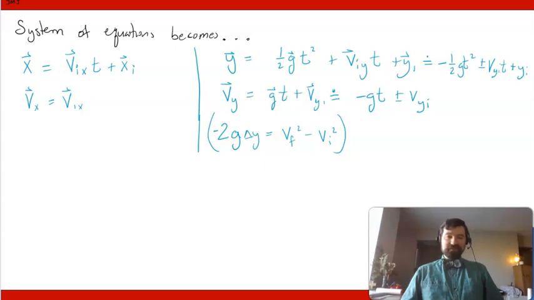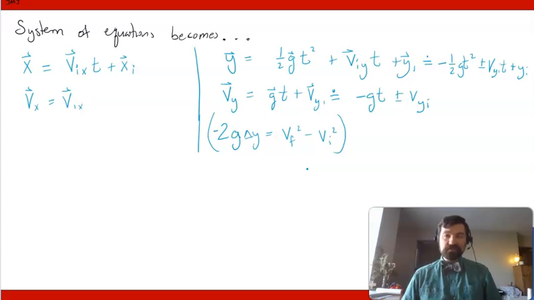Another type might be it's projected with some initial velocity from a ledge, figure out where it will land. And all of those at least have basically the same approach, which is that you would solve your y equations for time and then use the time in the x equation to figure out how far away the object lands.